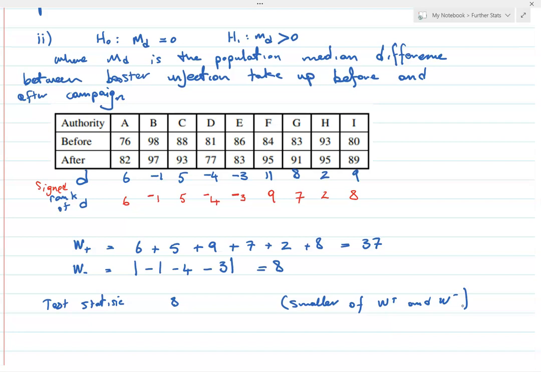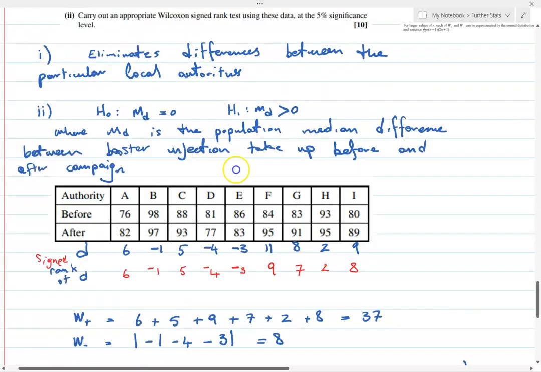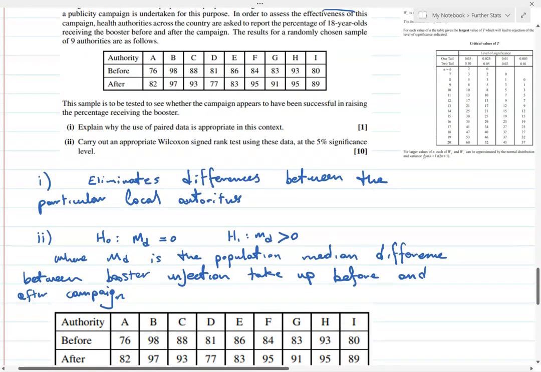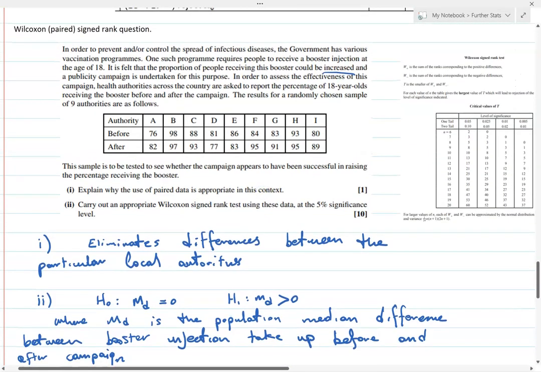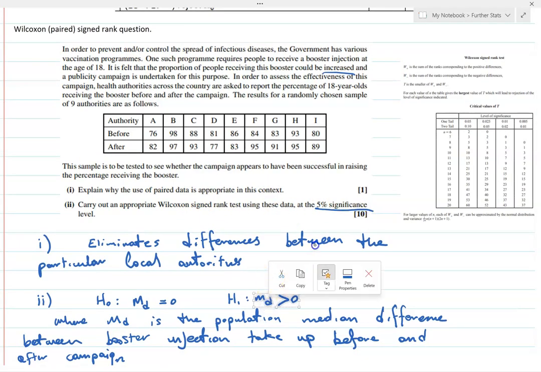Now we've got n equals 9 here, so we need to find a critical value. And the significance level, which says in the question, is 5%. I think it says that somewhere. Yeah, 5%, and one-tailed.